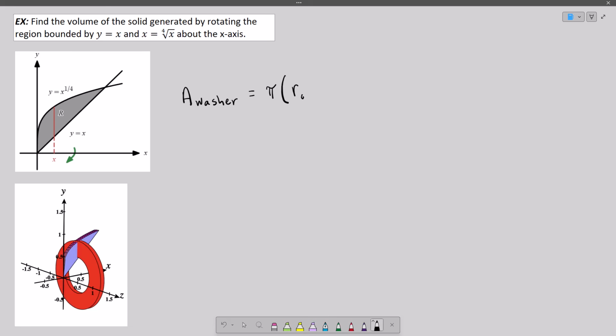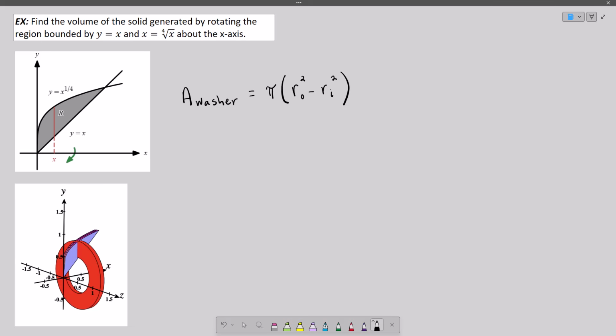I like to just say r outer squared minus r inner squared. So for this first formula, whether it's a disk or a washer or a cross-sectional square or triangle, I'll just write down the generic formula for that object with r's, not x's or y's. So that's the area of a washer. Pi r outer squared minus pi r inner squared, and then we factor out the pi. Big disk area minus small disk area.